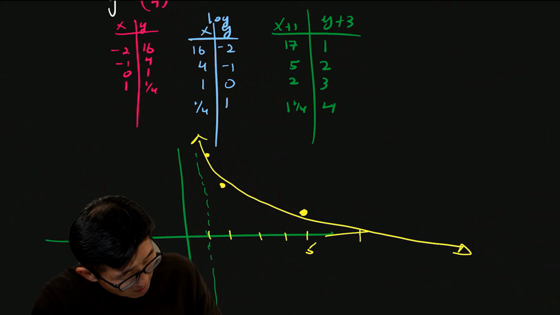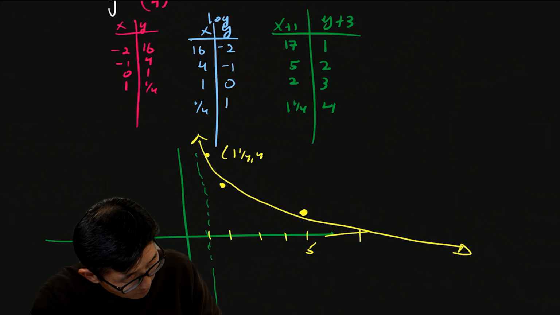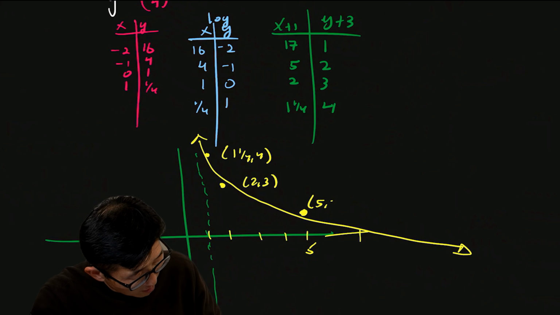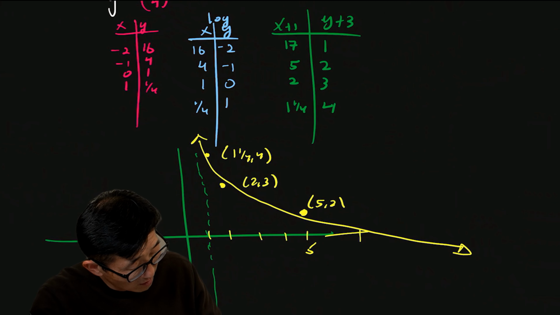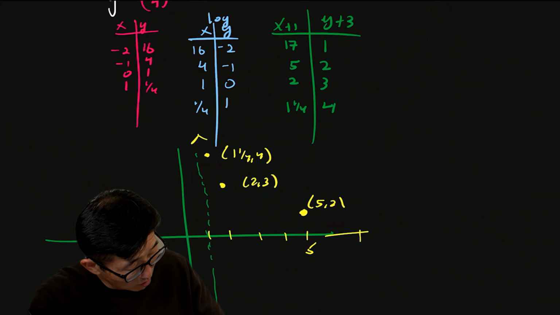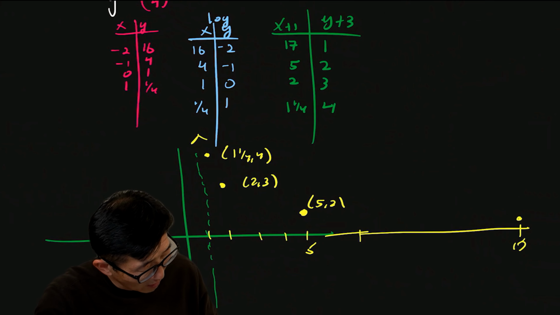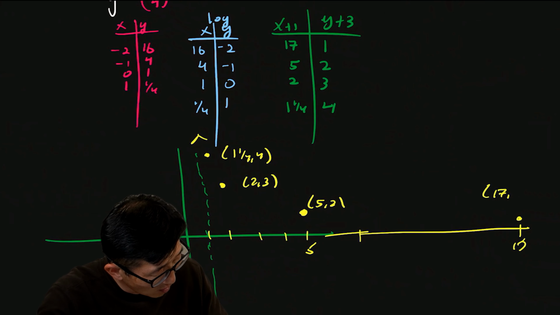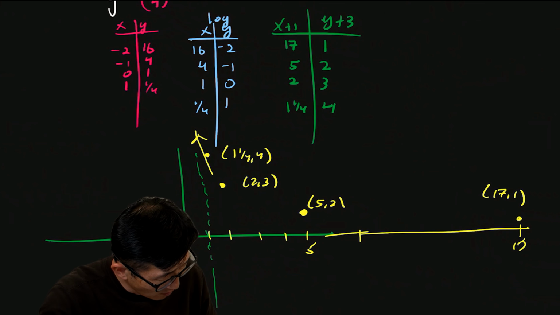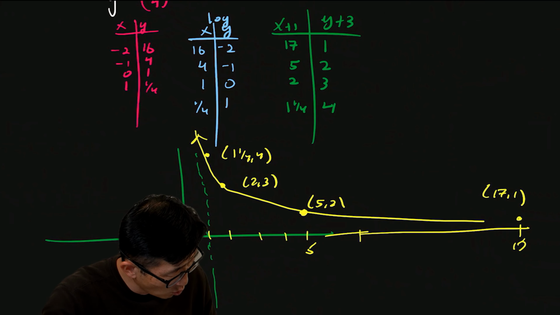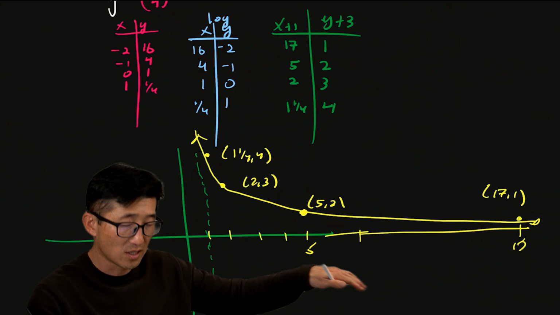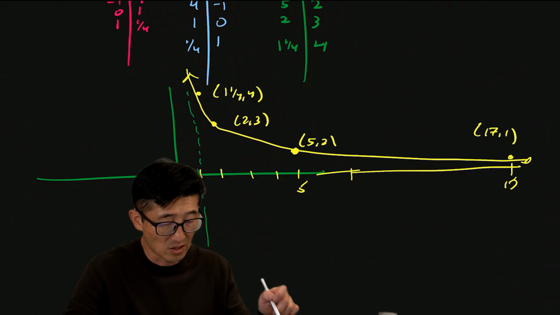This is 1 and 1/4, comma 4, 2, comma 3, 5, comma 2, and oh, you know what? 17, comma 1, right? Okay, 17, comma 1. All right, there we go. But it keeps on going down. It's going to cross the y-axis eventually.